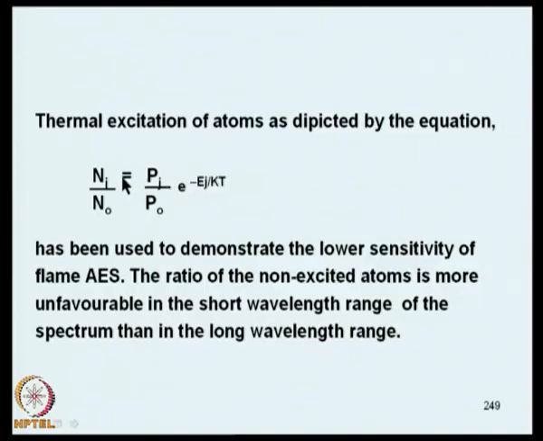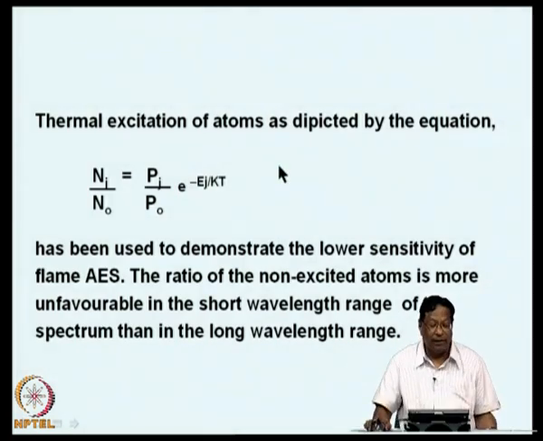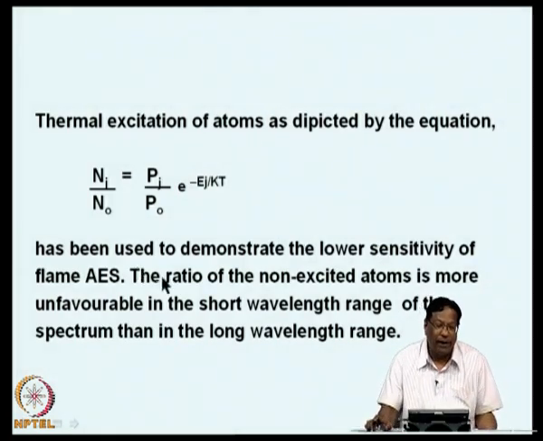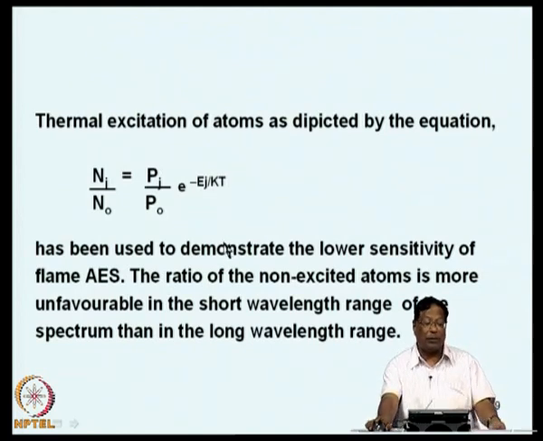So, I want to take you back to our discussion on the thermal excitation of the atoms as depicted by the equation when we were studying the atomic absorption spectrometry.